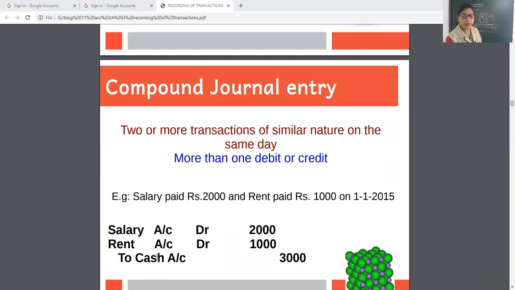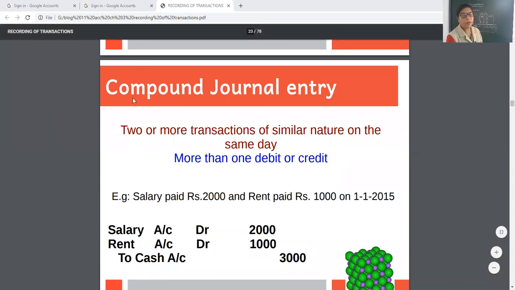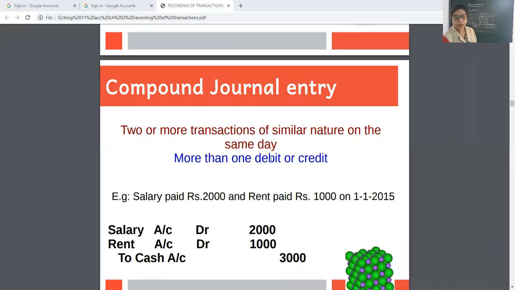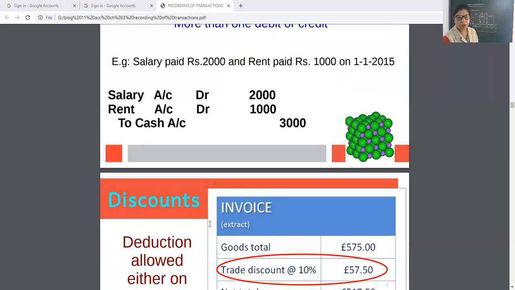And why cash credit? Because cash means an asset is decreasing. You are paying salary to your worker and rent to your landlord. So when there are two or more transactions of a similar nature on the same day, meaning more than one debit or more than one credit, that is known as a compound general entry.